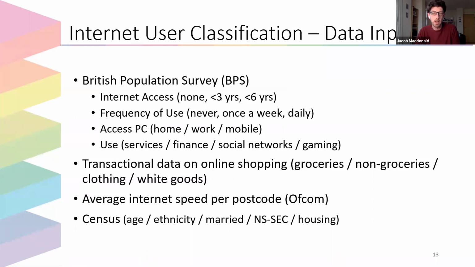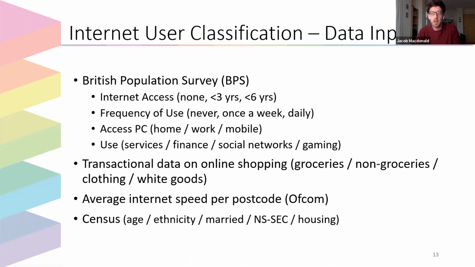The first is more demographic in nature, which is the British Population Survey. For every area, which in our case is the LSOA geographic unit, we want to know how different segments of the population interact with the internet. Using the survey results, we know the prevalence of internet use at home.